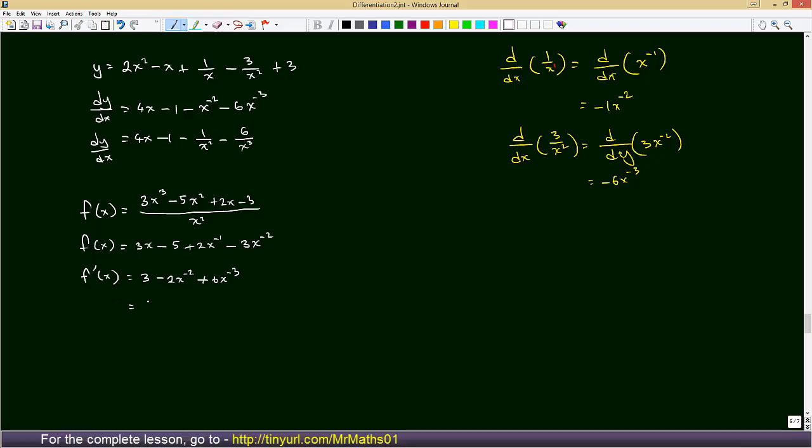So that is equal to 3 minus 2 over x squared plus 6 over x cubed. Okay, this is acceptable. This looks a little nicer because we have turned the negative power into a positive power.